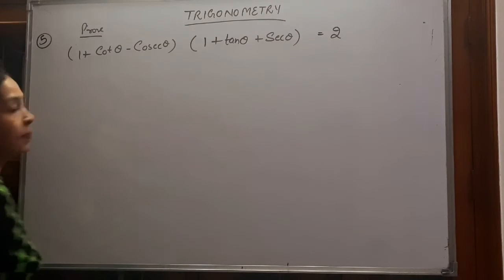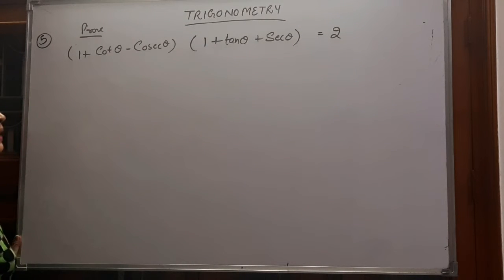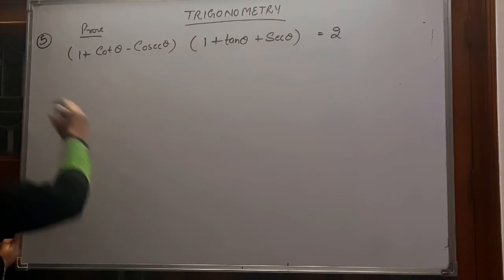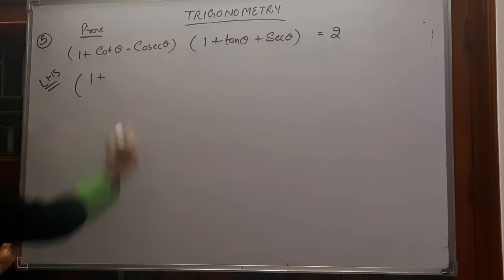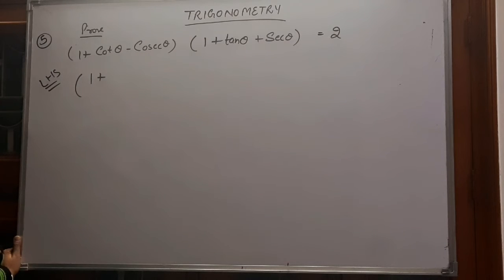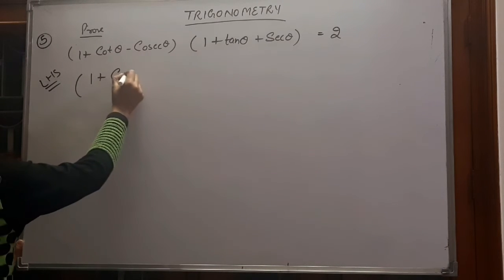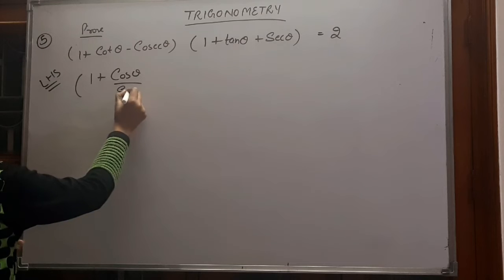Prove 1 plus cot theta minus cosec theta into 1 plus tan theta plus sec theta is equal to 2. We will take left hand side. 1 plus, what is cot? Cos theta upon sin theta.